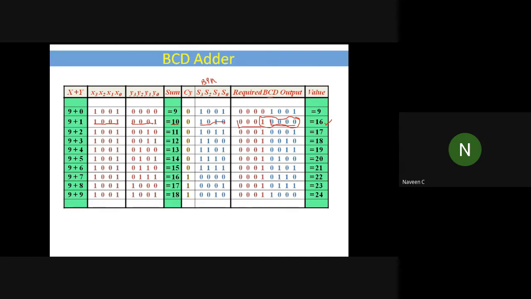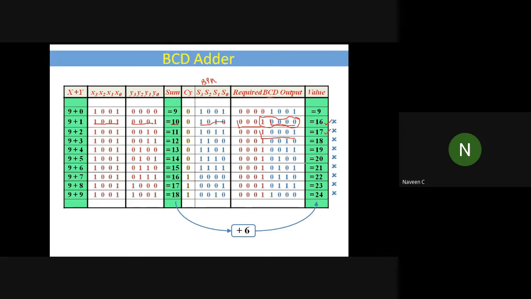If you see its equivalent value, it is 10001. With respect to binary, it is 17. So ultimately you need to add 6 to convert a binary number to an equivalent BCD number. That is the thing we can understand.